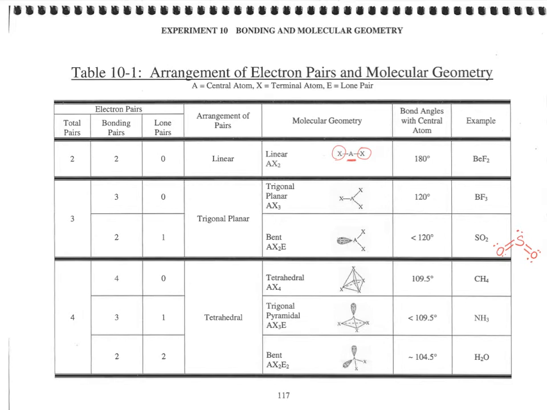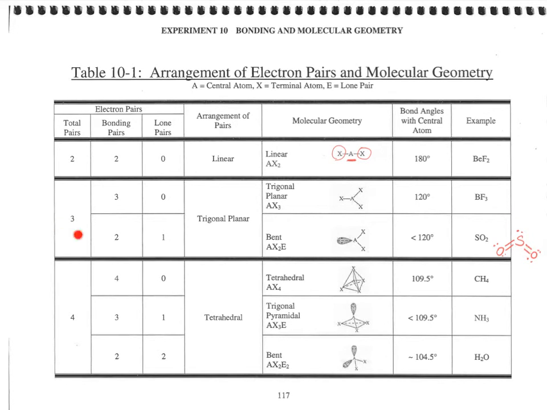So the key information here is that when we consider the bonding pairs and lone pairs, we count the bond between the central atom and a terminal atom as one bonding pair, regardless of whether it's a single bond, double bond, or even triple bond. So here we have a double bond here, a double bond here. Each of them is considered a bonding pair, and this lone pair is considered one lone pair. So we have 2 bonding pairs plus 1 lone pair.